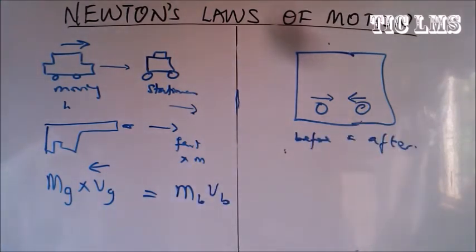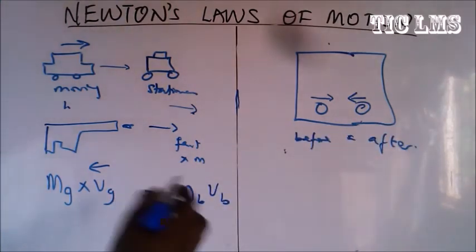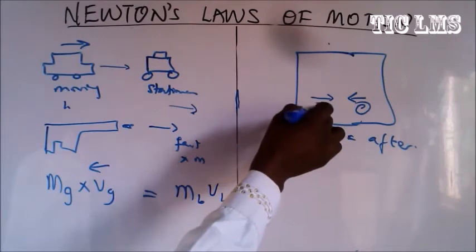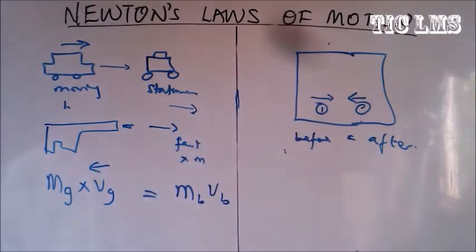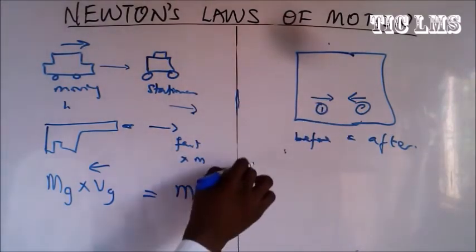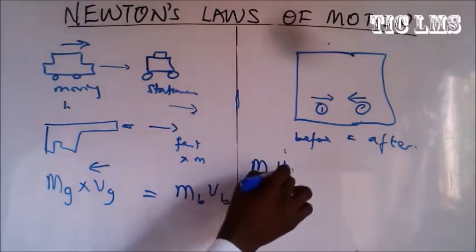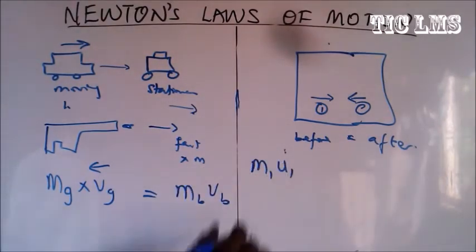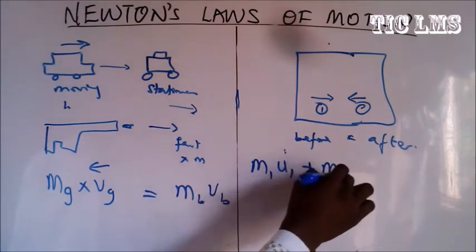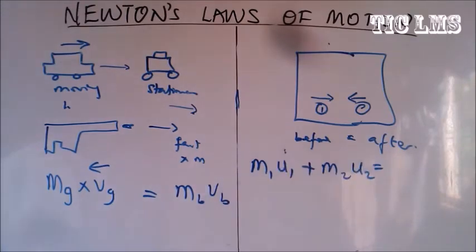So in this case, let's say that the momentum of this first body before collision is m1u1, that is the initial, and the momentum of the second body before collision is m2u2. It is going to be equal to the momentum after they have collided.